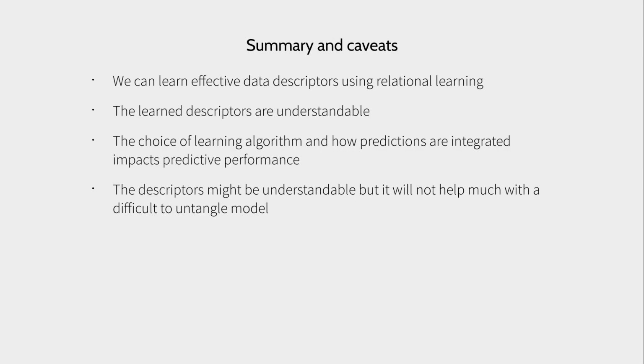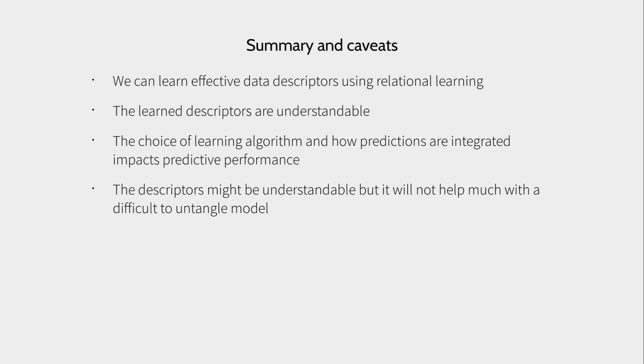So in summary, we have shown that we can indeed learn effective data descriptors using relational learning. Secondly, we have shown that these descriptors are understandable, given that they're essentially just simple rules that people can read and understand directly. They don't need any special or additional analysis to get to the heart of what's going on.